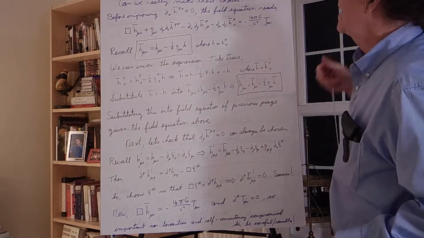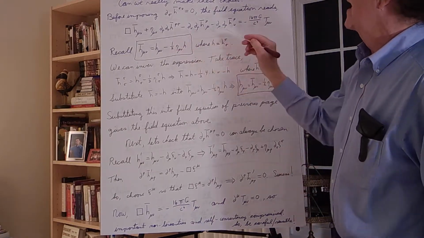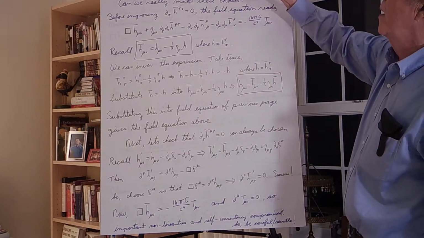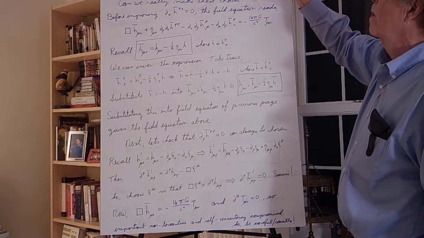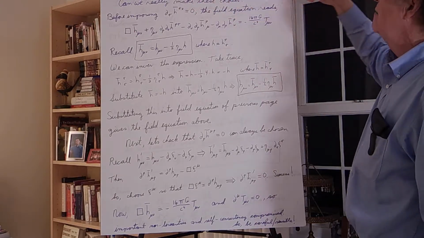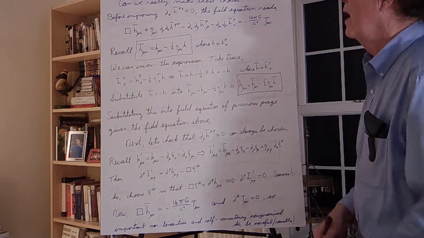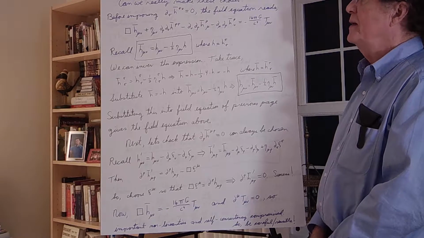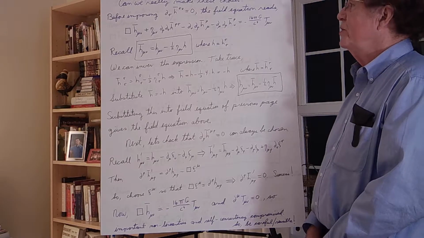So here it's discussed: can we really make these choices? Can we really impose that the four divergence of h bar is equal to 0? The field equations, I'm writing them now in general terms, in terms of h bar. I wrote down the equation in terms of h, and I defined h bar. It's a very simple relationship.